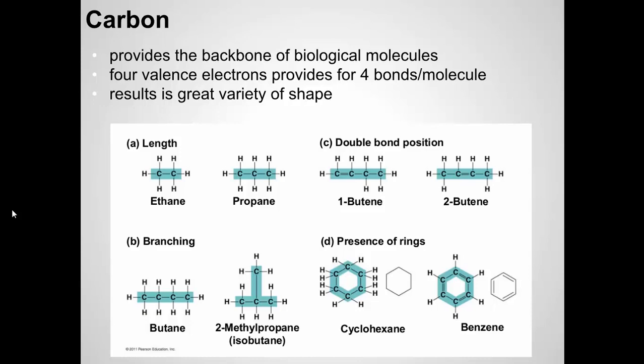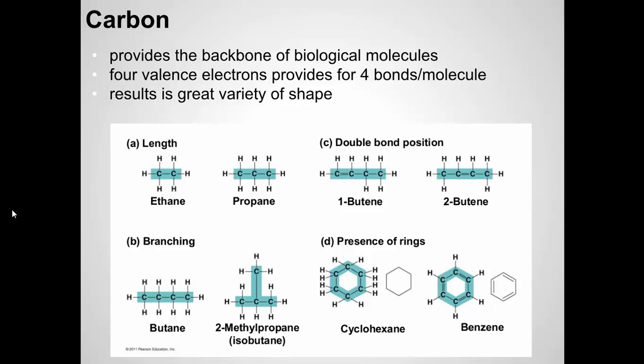So if we think about a carbon-based molecule, they can vary one to the other in terms of how long the carbon chain is. You know, 2 carbons versus 3 in ethane versus propane. The position of double bonds changes. Here we have 2 carbon atoms that are bonded to each other with a double bond rather than these single bonds. It could be here or it could be here. And that changes the molecule.